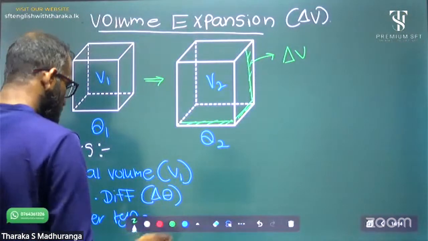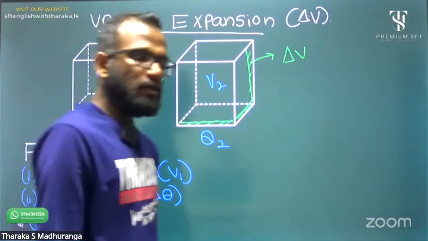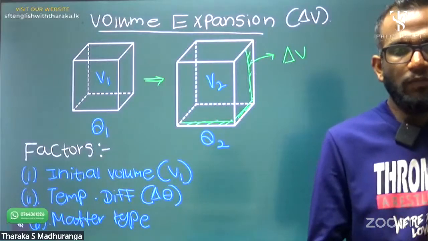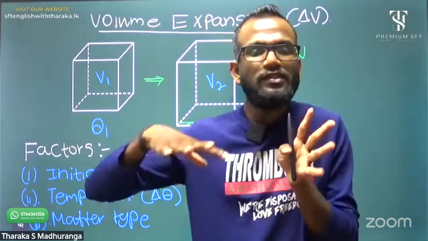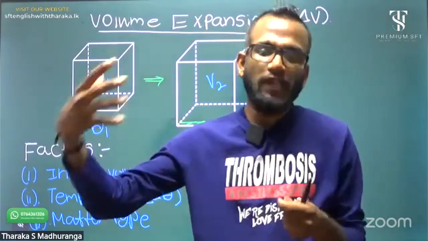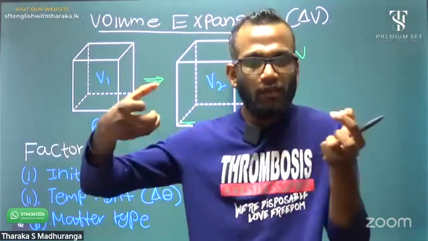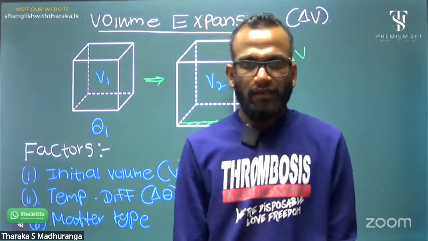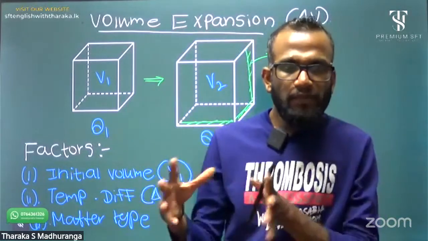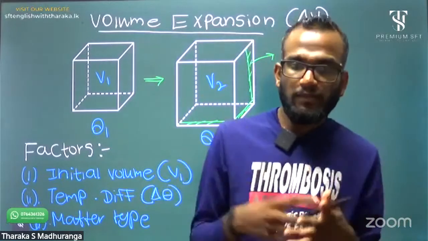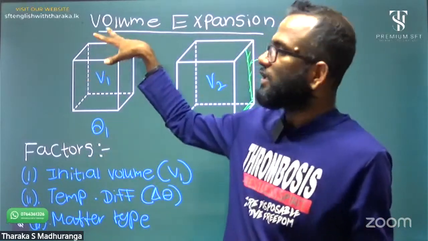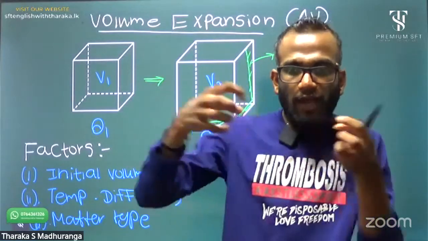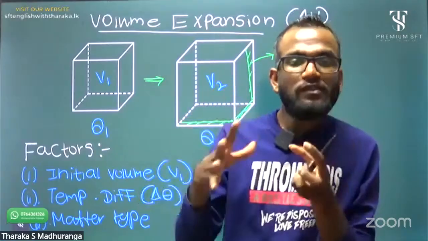Same as linear expansion. While increasing the initial volume, what happened? The number of molecules in the initial object increases. Therefore, the space taken also increases. That's the scientific reason. When you increase the initial volume, the number of molecules increases, so the kinetic energy also increases, and the space increases.